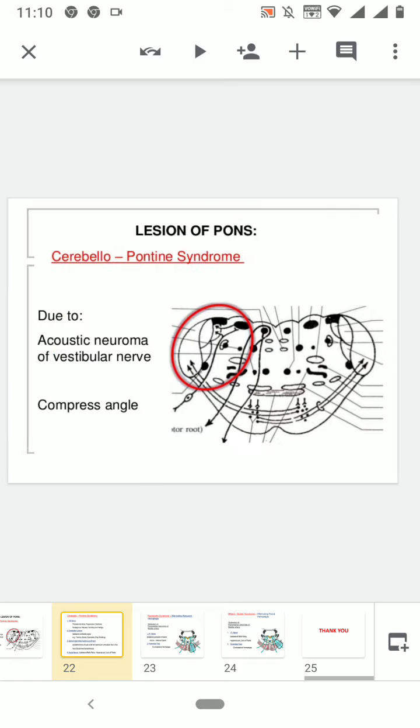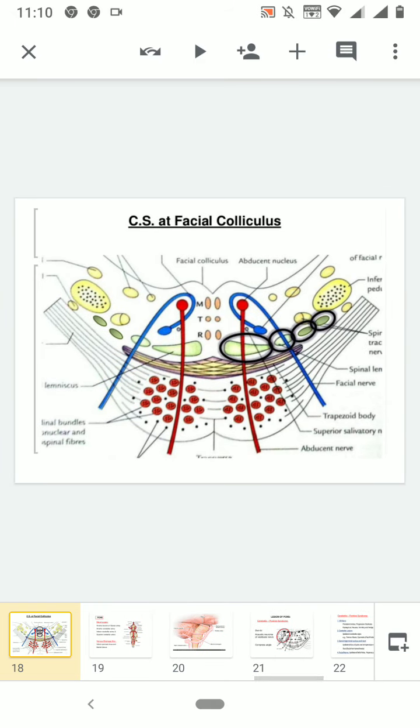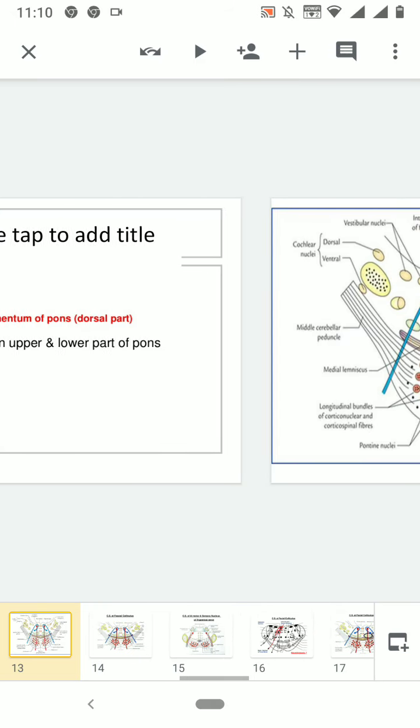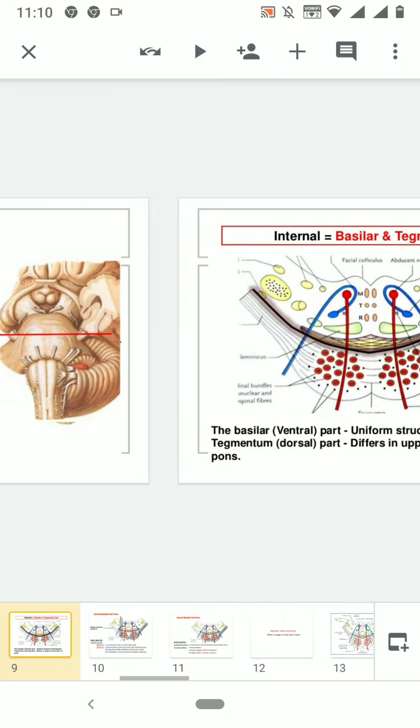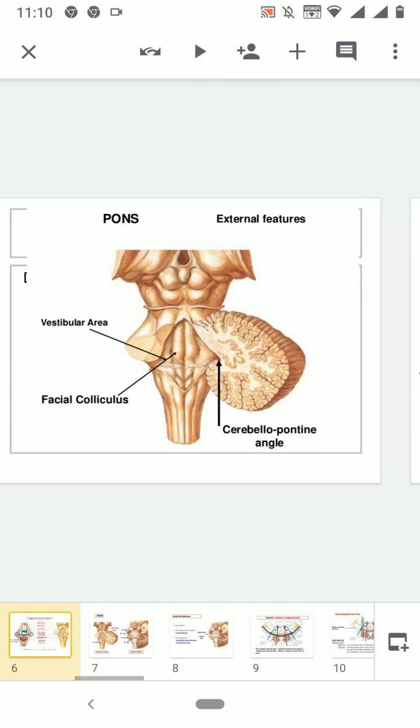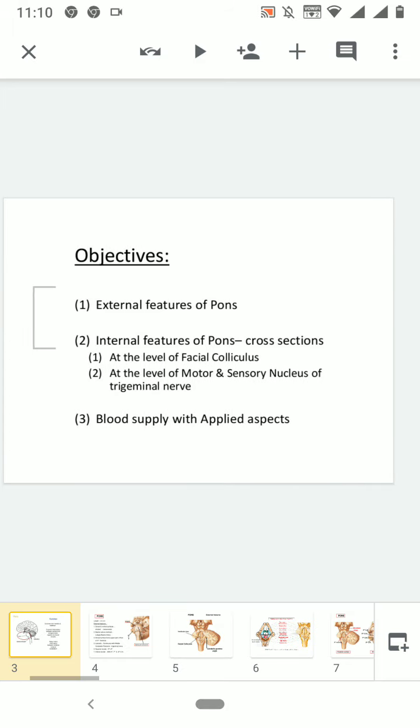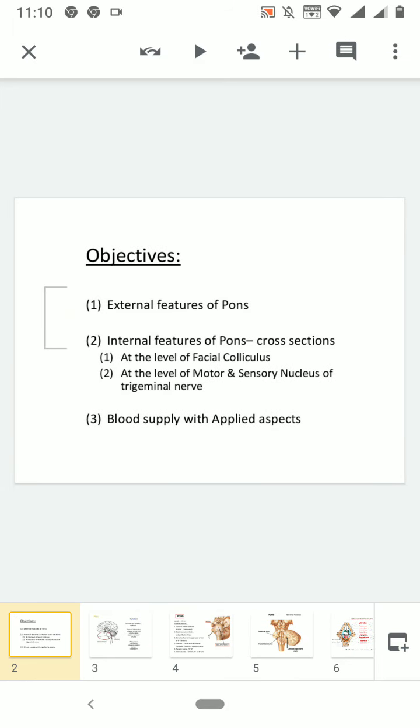So to sum up the Pons class, I'm going back to your objectives so that we can sum up what we did. We dealt with the external features on the dorsal surface and the ventral surface.